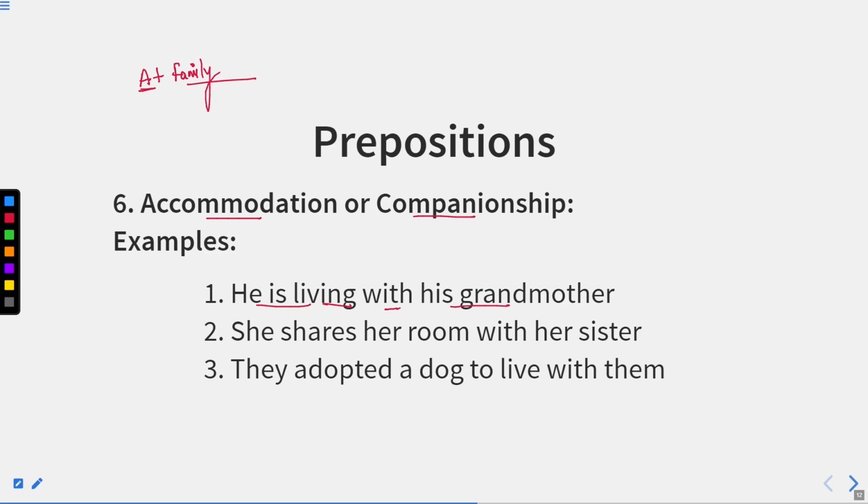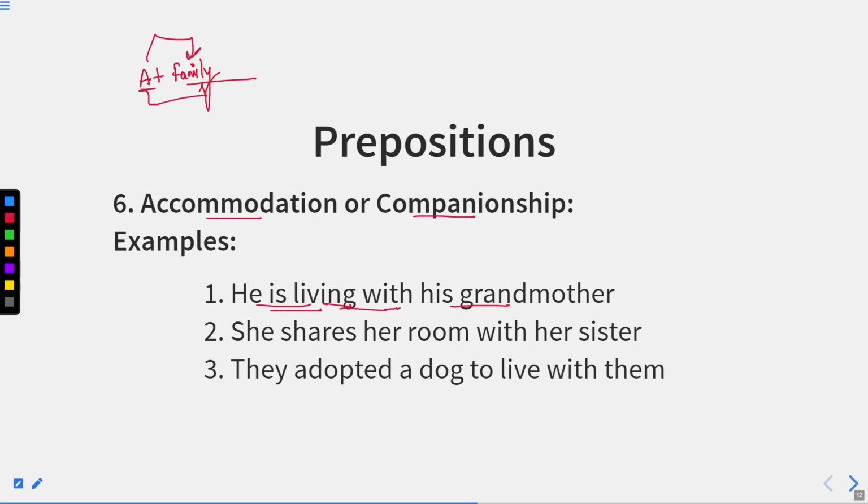He's not living alone, he's living with someone. Accommodation is actually a place where people live, so this "with" is showing his association with his family, that both of these live together.